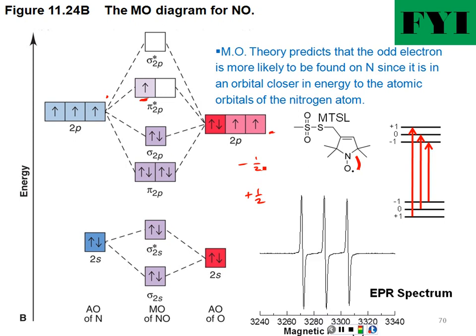When you look at the EPR spectrum of this molecule, you see that there are 3 absorption lines. That indicates that, yes, that unpaired electron is really spending more time on the nitrogen, because it's being split into 3 absorption lines by that nucleus. If it was on the oxygen, you would not see the same pattern. And this is, again, direct evidence supporting molecular orbital theory.